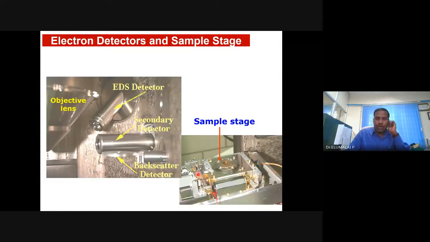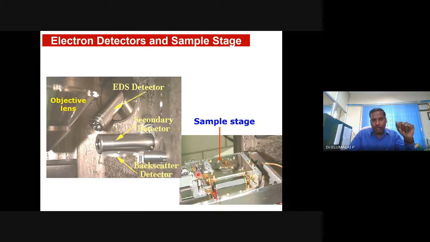The electron interacts with the surface of the material and several phenomena take place. I will come to that. Then you have to collect the intensity of the secondary electrons or backscattered electrons. If you can collect those intensities and convert them into a display, you will be able to see the image of the surface.